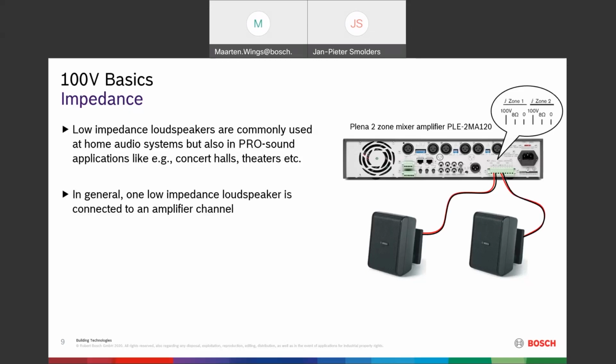In general, a low impedance loudspeaker is connected to a single amplifier channel. So each amplifier channel has one loudspeaker connected to it, like you see in this picture here.